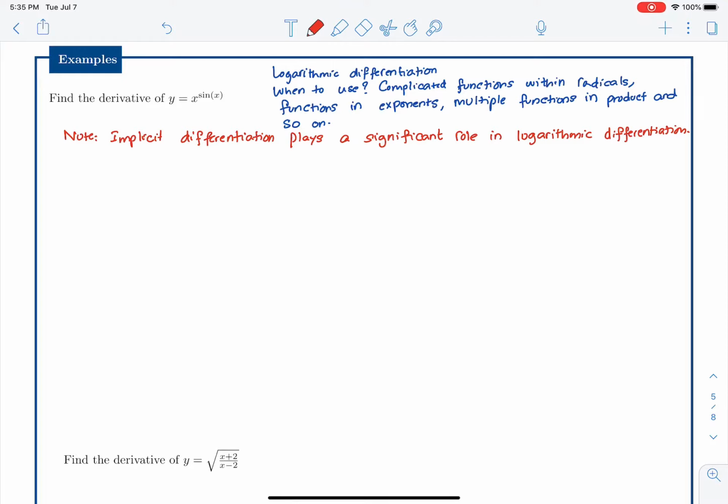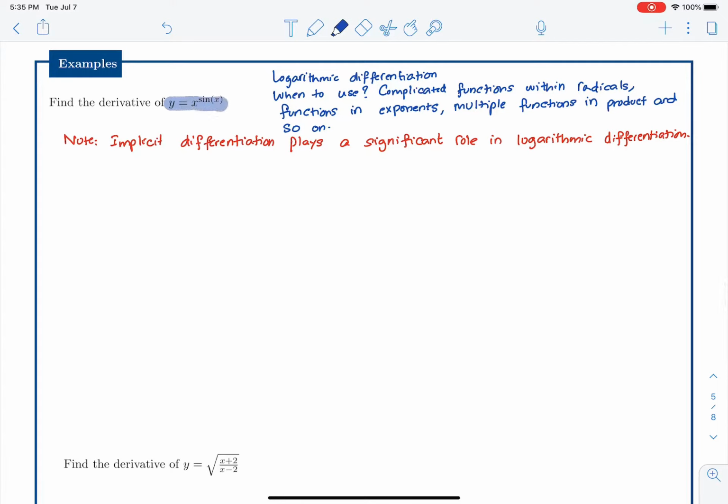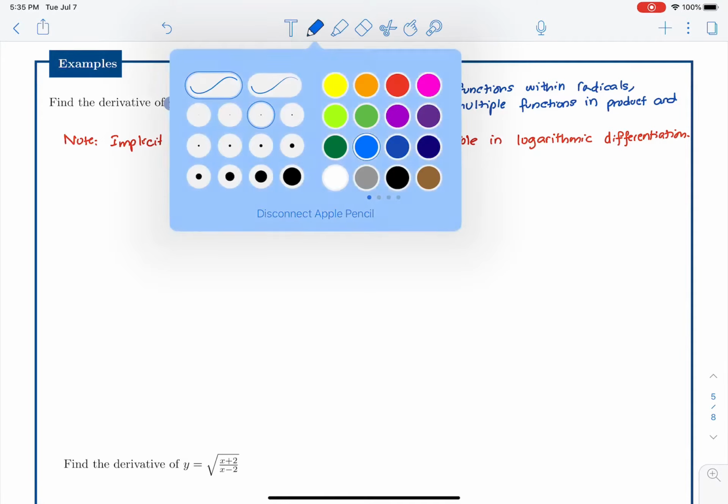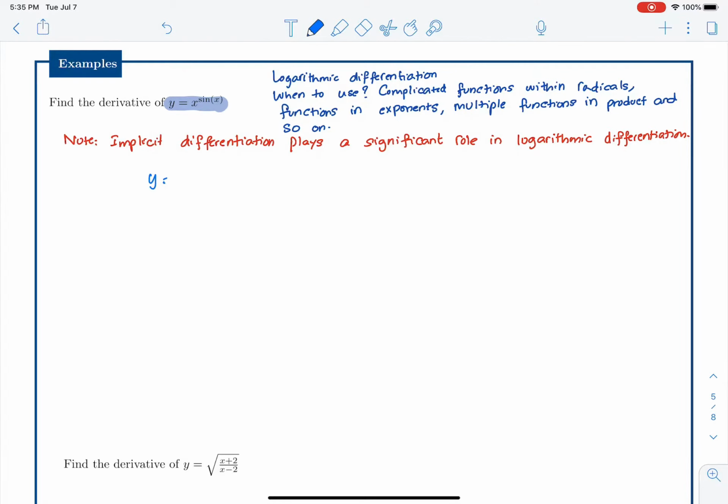Here is an example where we want to find the derivative of y equals x raised sine x. And you could see the function sine x is in the exponent. So that's what I meant by functions in exponents.